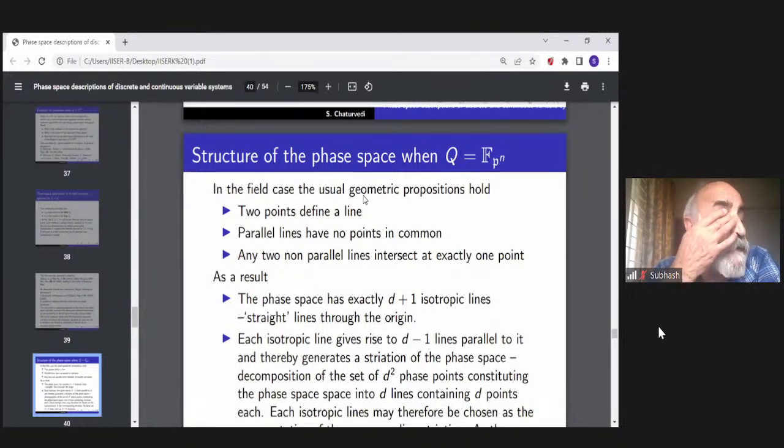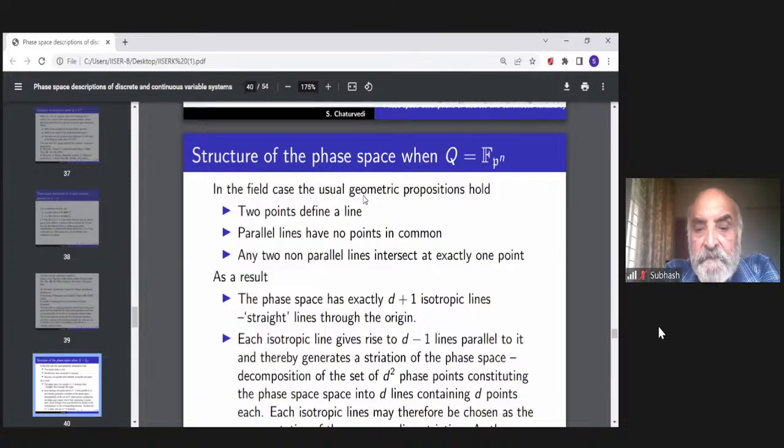That is the case when your Q's and P's take real values. So there we were working with a real field, and you have all the geometrical properties of a field. Namely, in this phase space, 2 points define a line. Parallel lines have no points in common. Any two non-parallel lines intersect at exactly 1 point.